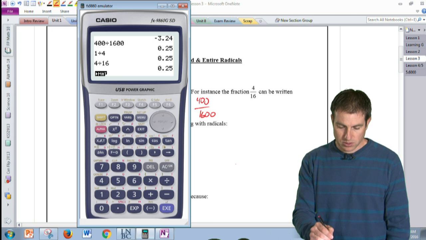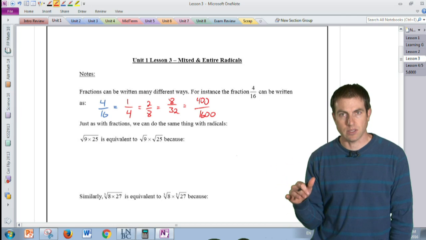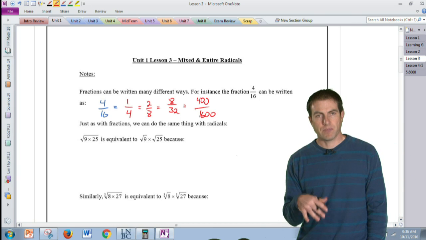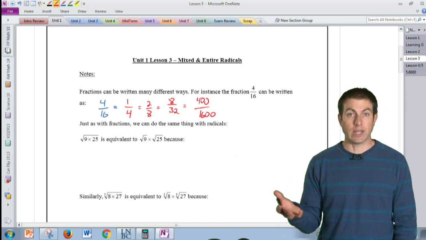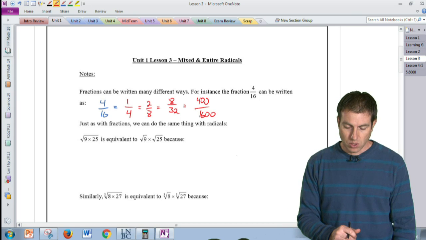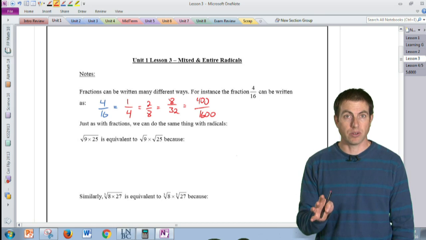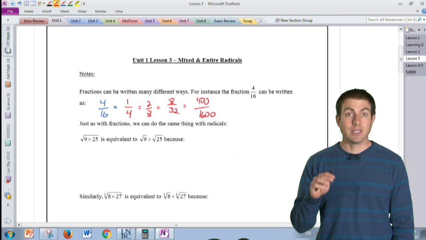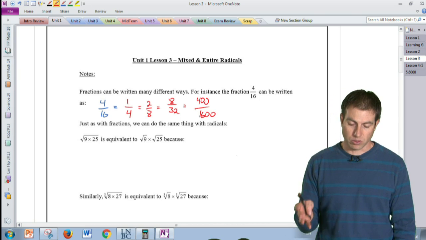So we can, using the same sort of thing in what we just looked at in the last lesson, actually use a property that we looked at to write radicals in different ways. So we discovered that if we take the square root of 9 times 25, both under the radical sign, that's going to be exactly the same as the square root of 9 multiplied by the square root of 25.